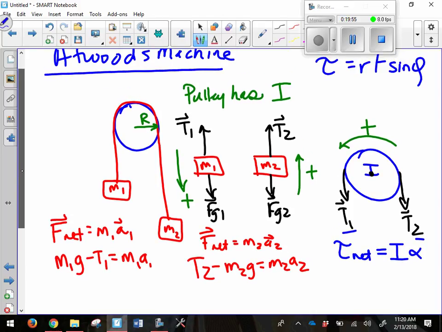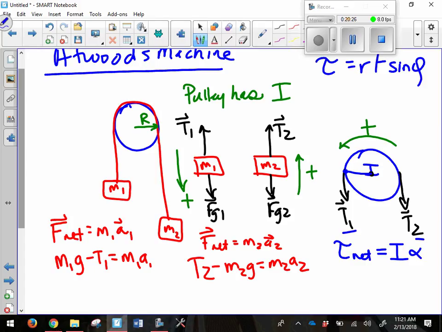I don't know if I can get it all on there. So my torque that comes from T1, is that going to be a positive torque or a negative torque? Pretend it's a string and pull it. Which way does it make the pulley go, positive or negative? Positive, right? I pull it, it's going to move it this way. Okay, so T1 is going to be positive. It's acting out here a distance from the rotational axis.